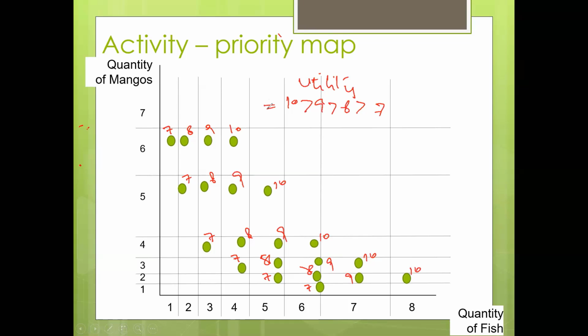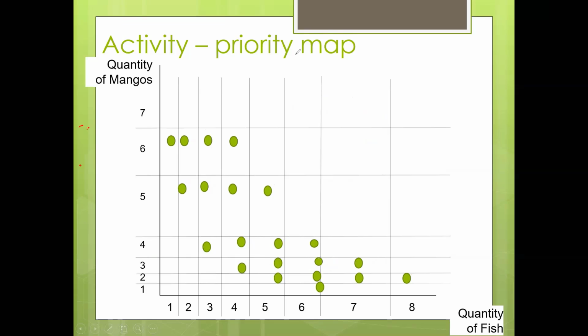The logic that we are using is that a bigger bundle is better. This is the ordinal approach that we were already discussing. So this is the point that we are clearing here. Let's see what it is showing us next.